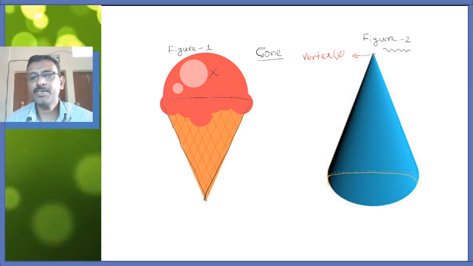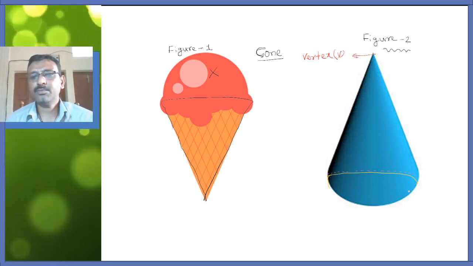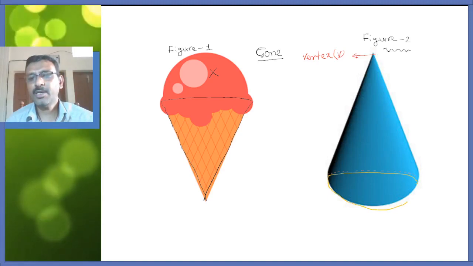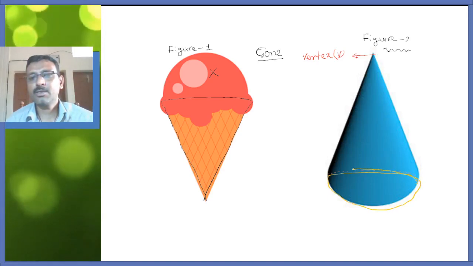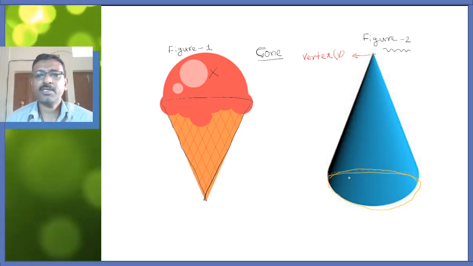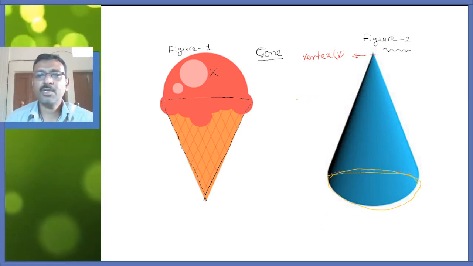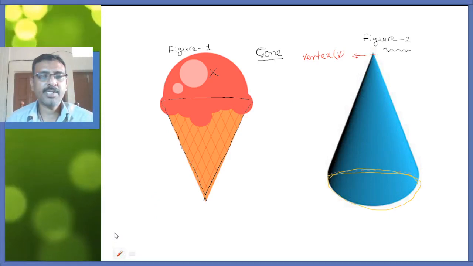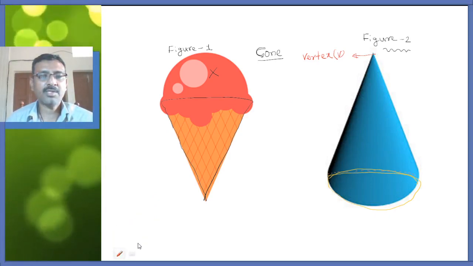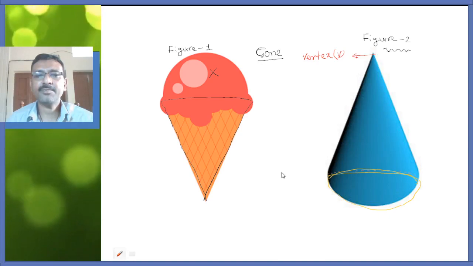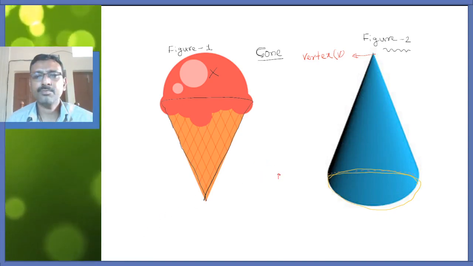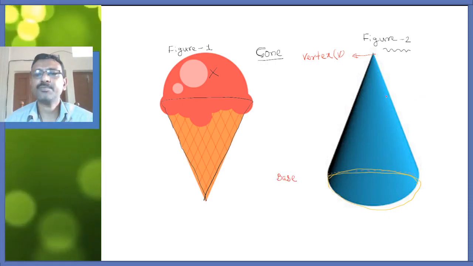Generally we take the base as a circle. This is called the base curve or simply base.